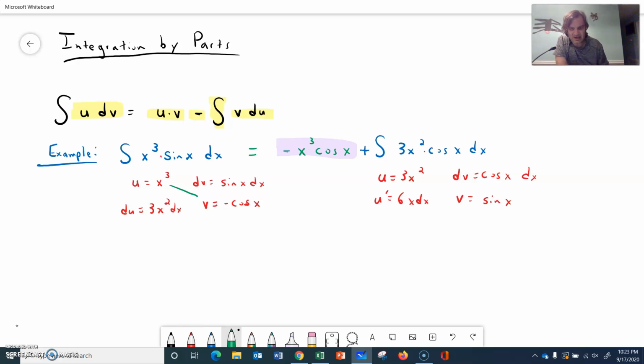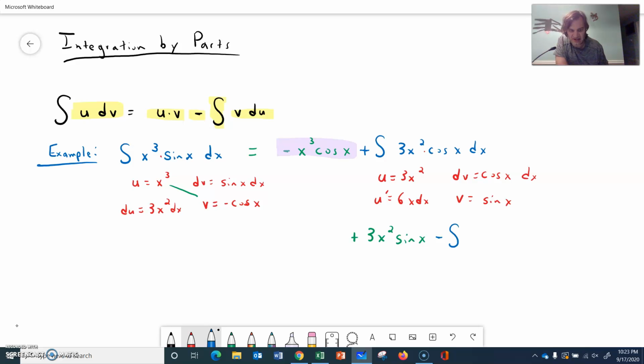So now we would have plus this new u dv, so 3x squared sine x, and now it will be minus the integral of v du.